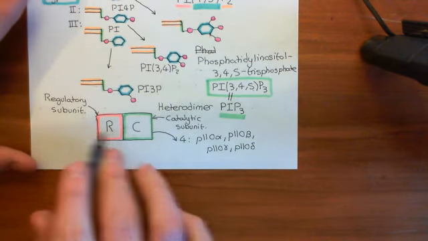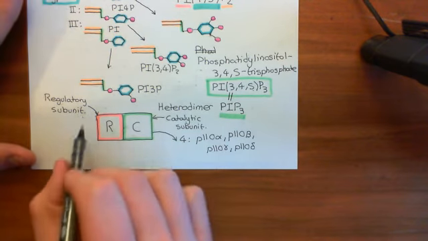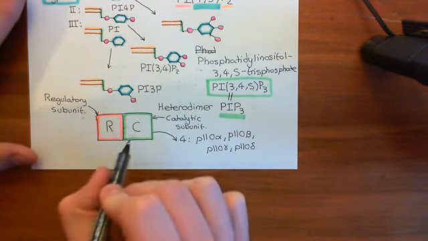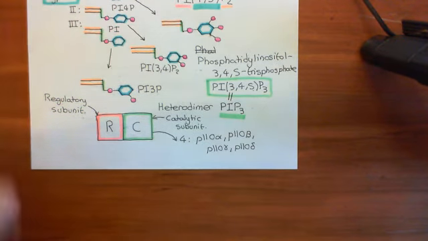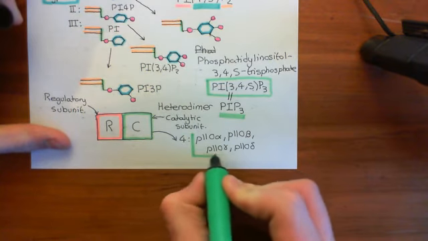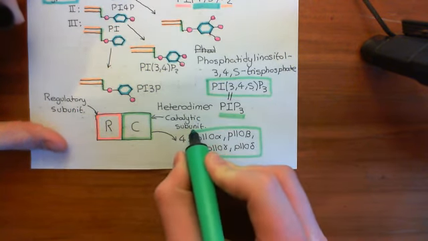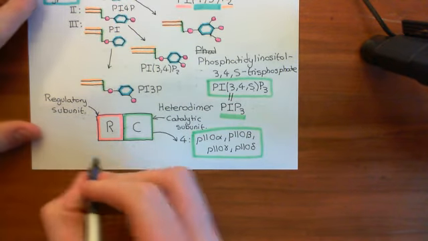Now, before I come on to the regulatory subunits, I should say that the whole type 1 PI3 kinase enzyme is named according to which catalytic subunit it has. We do not care what the regulatory subunit is when we name our PI3 kinase type 1. You just look at the catalytic subunit.